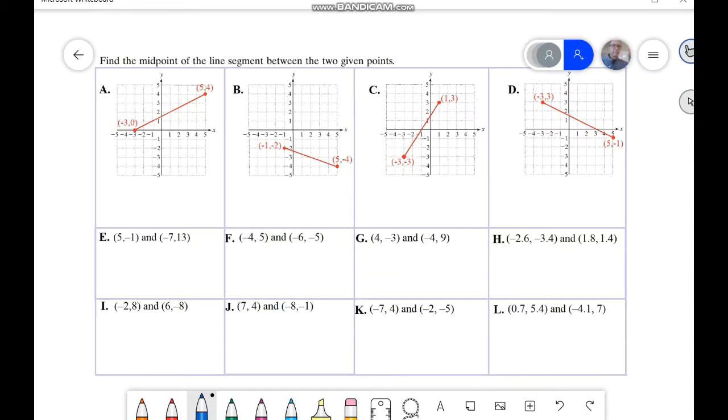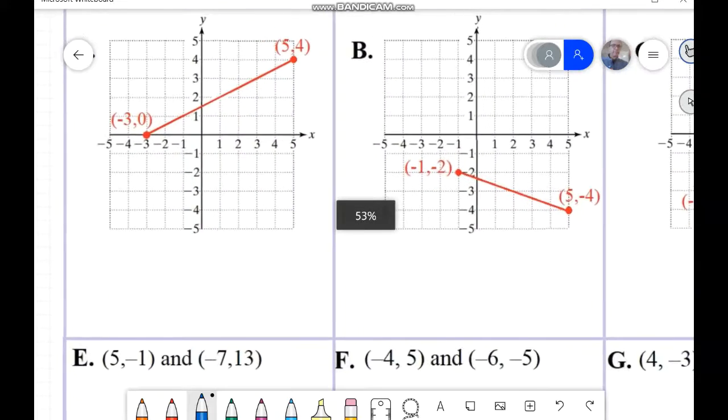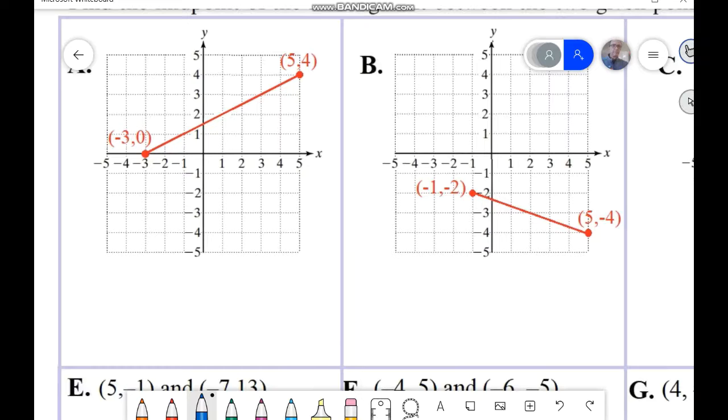So on the quiz, find the midpoint of the line segment between the two given points. We have to find the midpoint looking at x, and we have to find the midpoint looking at y. For x, we find the midpoint between -3 and 5. So x of the midpoint is -3 plus 5 divided by 2, which is 2 divided by 2, 1. The midpoint is right here, see?